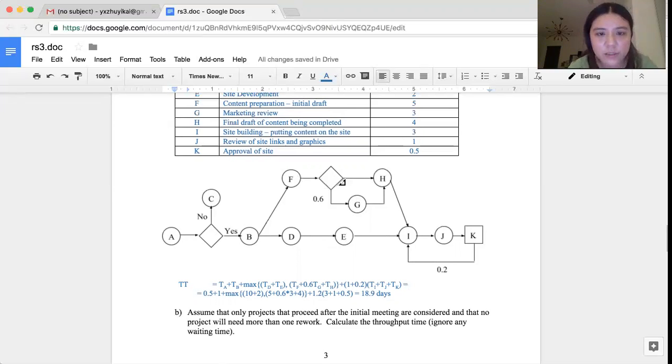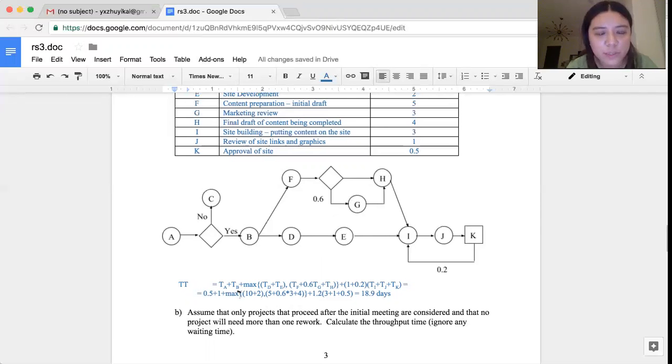So since there's a 60% possibility that we need to do the market review, TF plus 60% of three days is the time that market review takes, plus this time, which equals 10.8.